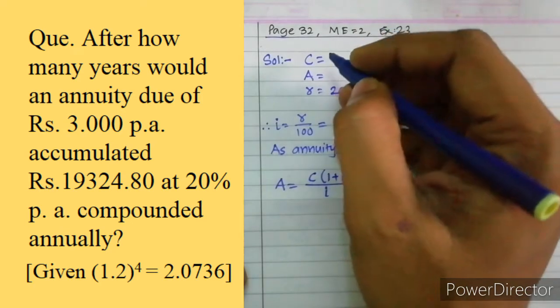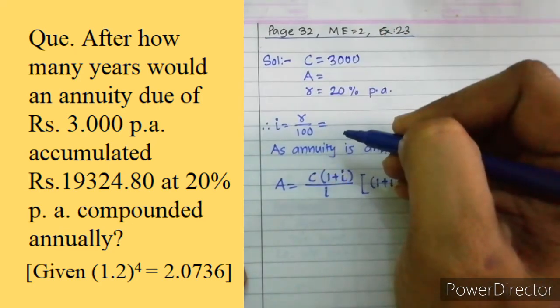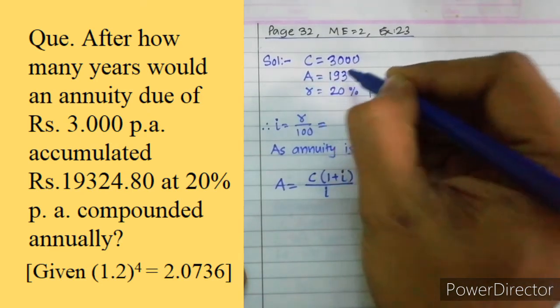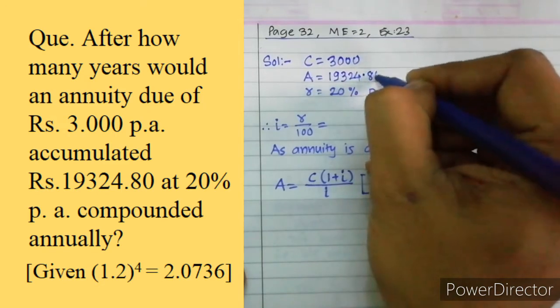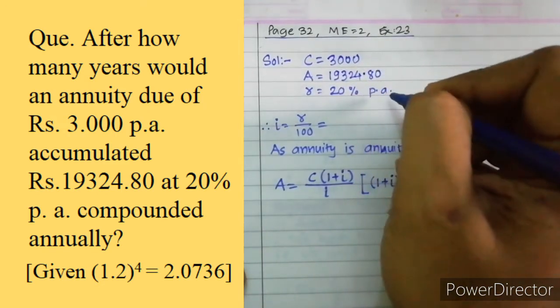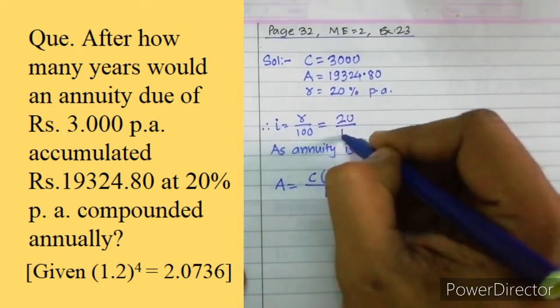C means the annuity is of rupees 3,000, accumulated value rupees 19,324.80 at 20% per annum. So R is 20. So what is I? It is 20 upon 100.